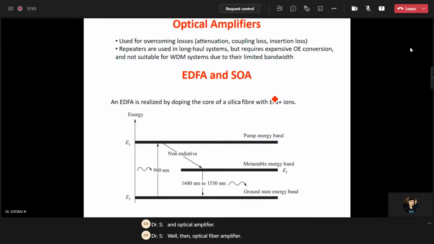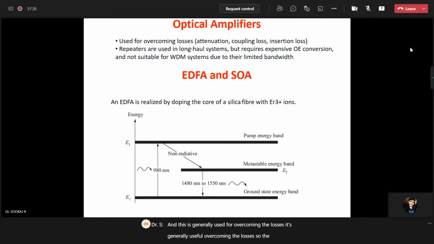This device is generally not used at the transmitter side or at the receiver side, but mostly it is used in the optical link. Link means the channel that connects the transmitter and the receiver. And it is generally used for overcoming the losses.